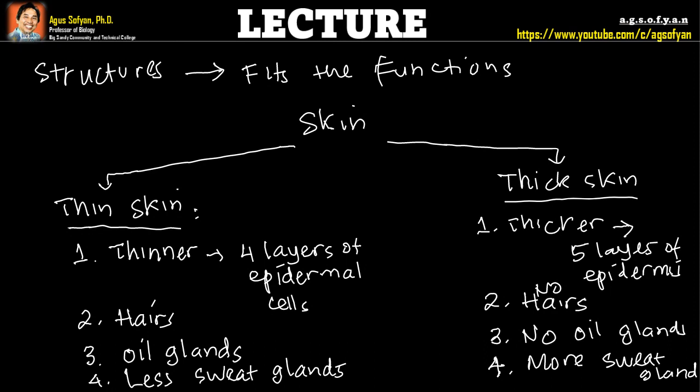Okay, the thick skin is located only on several places on your body, which is on the palm and the soles. Okay, so you see that on your palm, you will not see the hair.